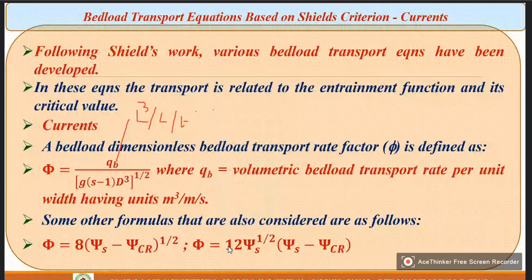S is dimensionless. D cubed will have L cubed.